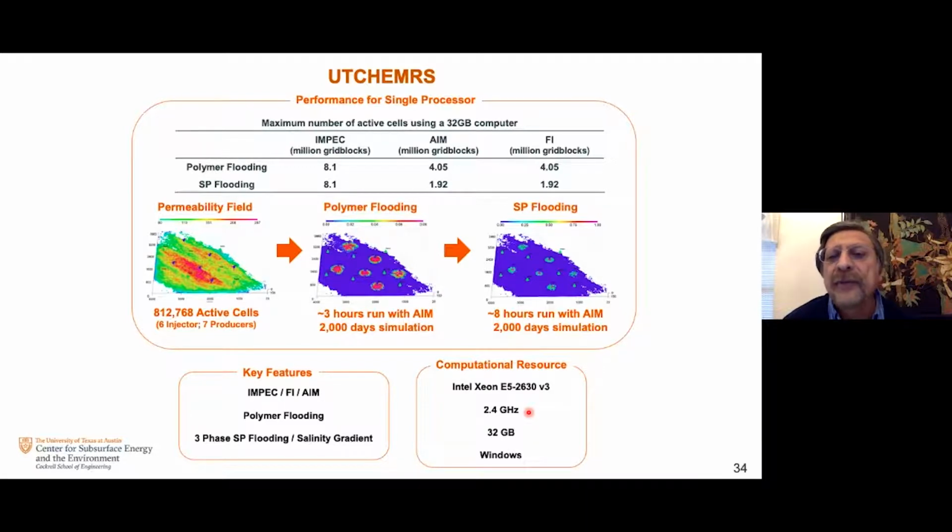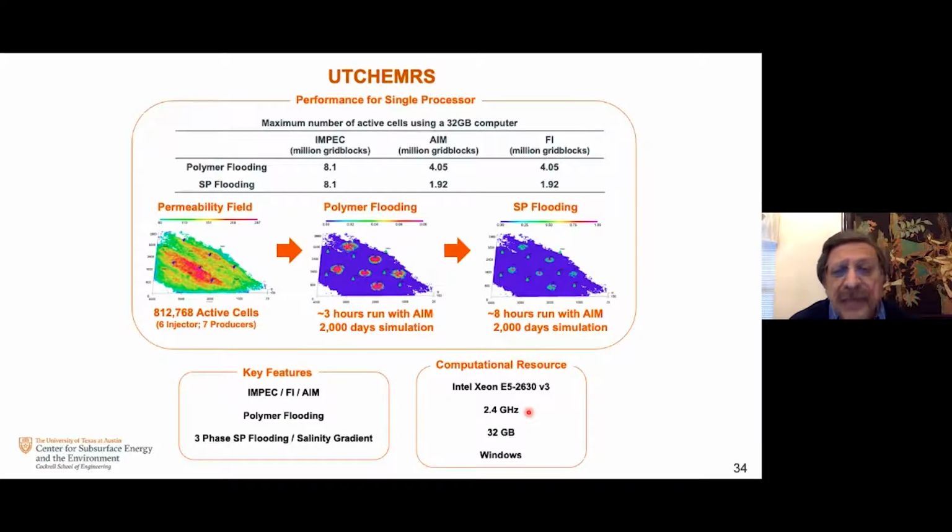Going to AIM or fully implicit, you can use 4 million grid blocks. And for surfactant flooding it is 8 versus 2 million, and so on. Computationally, for such a run shown here, about 800,000 grid blocks with 6 injectors and 7 producers.